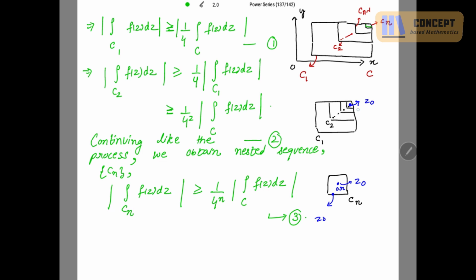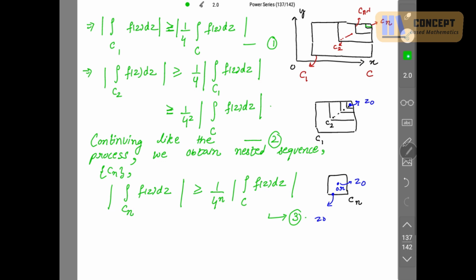Now for each n, the point z0 can be inside Cn or on the Cn. There are two possibilities: z0 is either on or inside the rectangle Cn. So in particular, z0 is in the domain of analyticity of f of z.